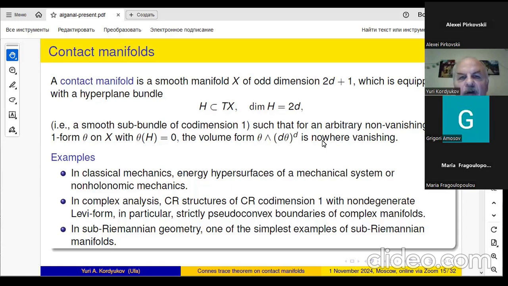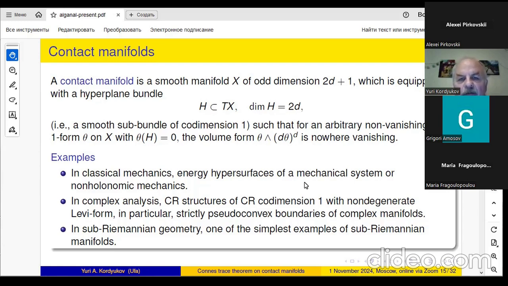Contact manifolds are odd-dimensional analogs of these symplectic manifolds. For instance, if we take a surface in the phase space, say an energy surface of a mechanical system, then we get such a contact manifold.